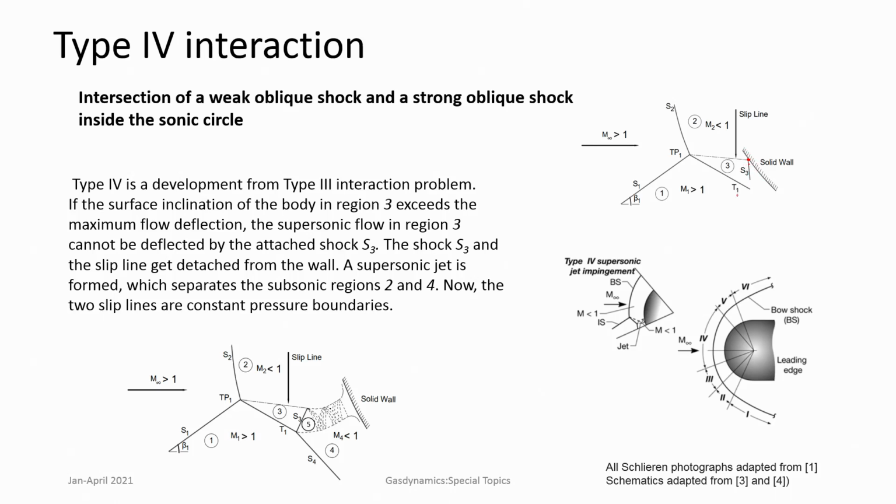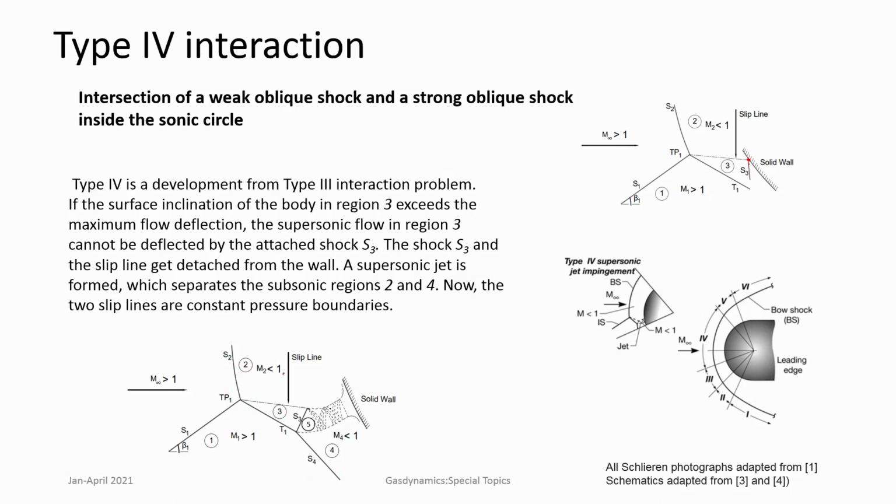If the angle of this solid wall is increased further, then there may not be an attached solution for S3 which is attached to the wall. In such scenario, the type 4 interaction forms.